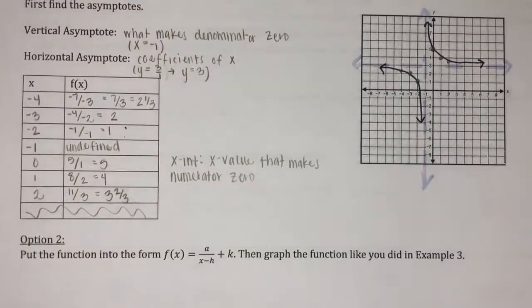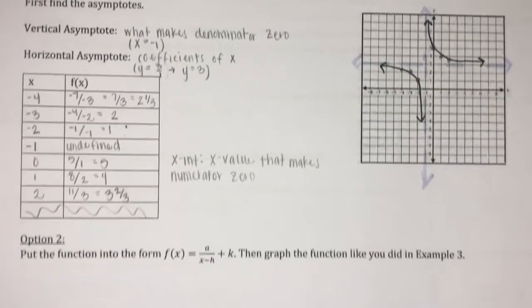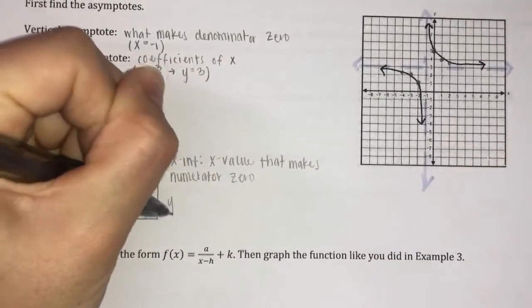Because with x-intercepts, it's when the y-coordinate is 0. So if we can get the numerator to be 0, that makes y 0 itself. That's the only way. So some of them won't have x-intercepts. And then to find the y-intercept, you just have to reduce the constants when it's in this form, and I'll talk about that in a second.